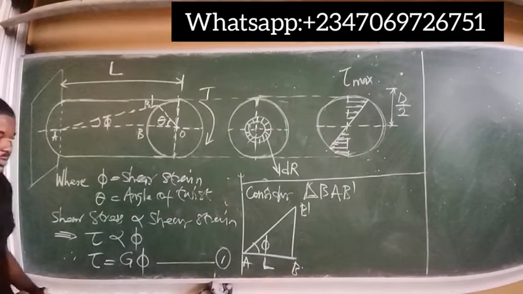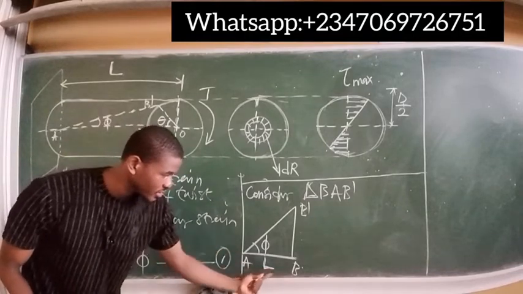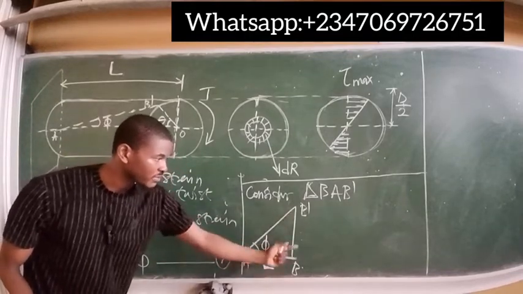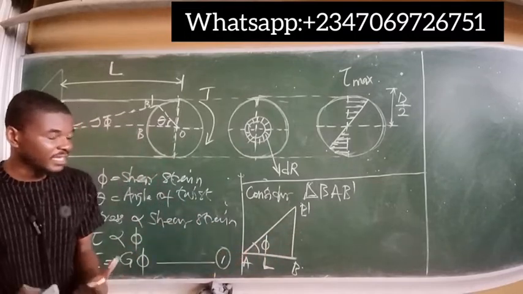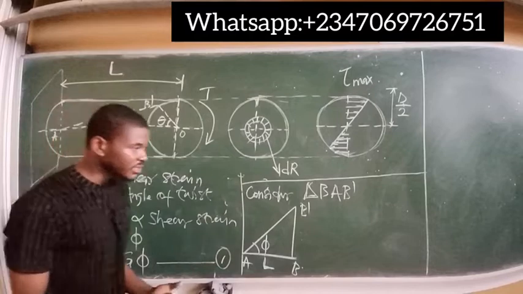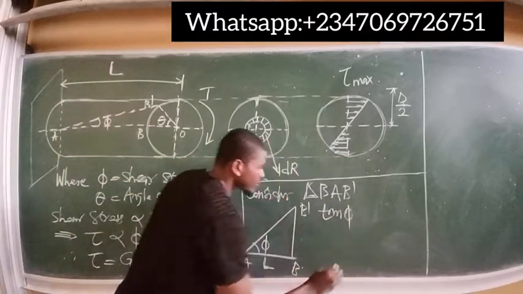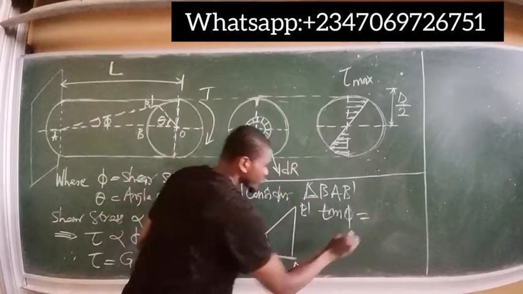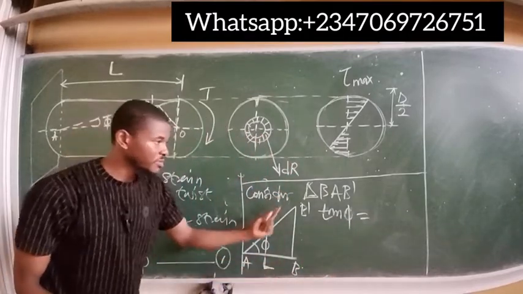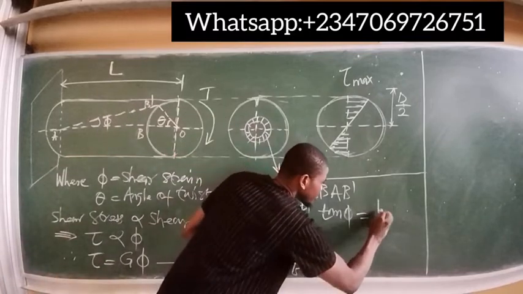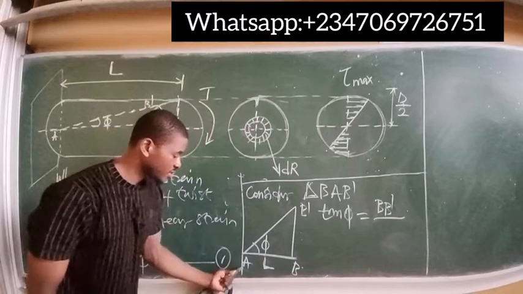So we know this portion AB, which is the length. BB prime is directly opposite this angle psi. So let's take the tangent of that angle. Tan psi, the tangent of the angle of shear, from trigonometry, is opposite over adjacent. Opposite is BB prime, all over adjacent AB.